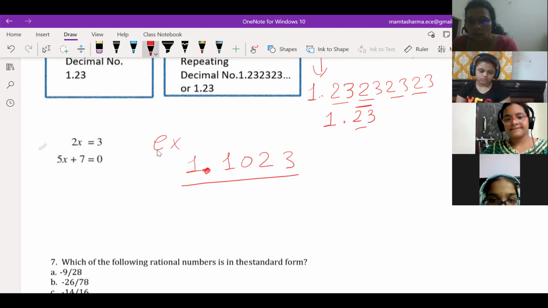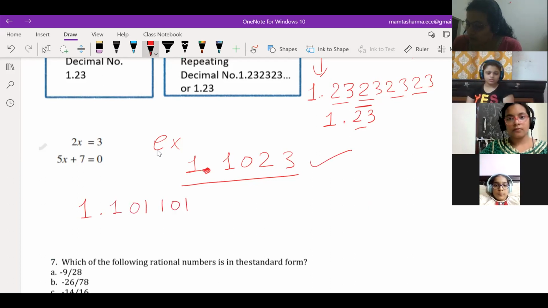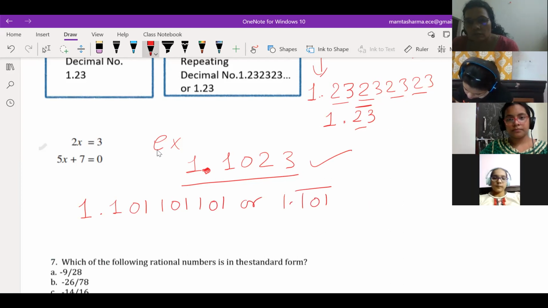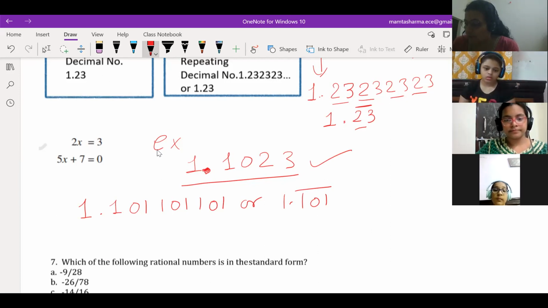Ma'am, I think it's terminating. It is of terminating type. If my number is 101 101 101, or 101 bar, then this is a kind of recurring type, and both are rational numbers.